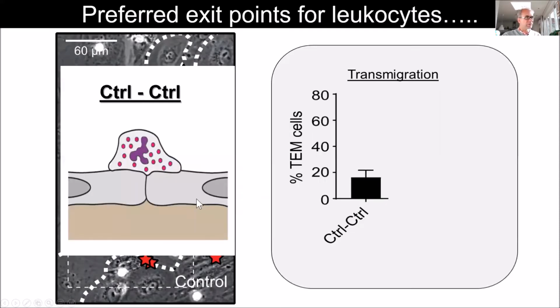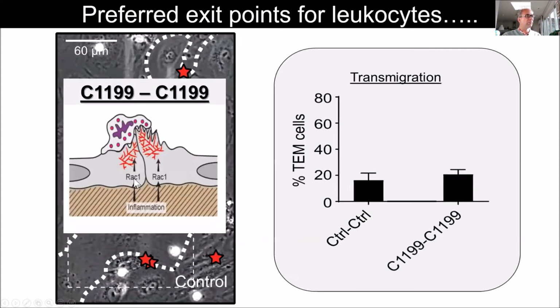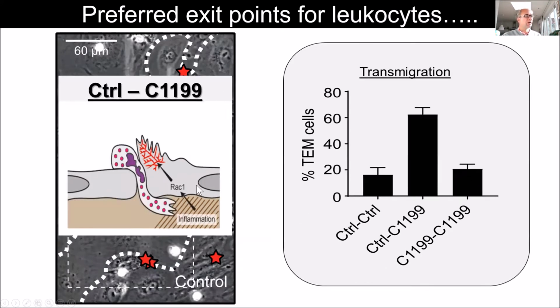So what we noticed is that when neutrophil crossed an endothelial monolayer with two endothelial cells that were not transfected, let's say about 20% of the neutrophils preferred such junction. However, when both cells were transfected with TM1, so both cells showed an activation of Rac1, again, only about 20% of the neutrophils preferred such endothelial junctions to cross.